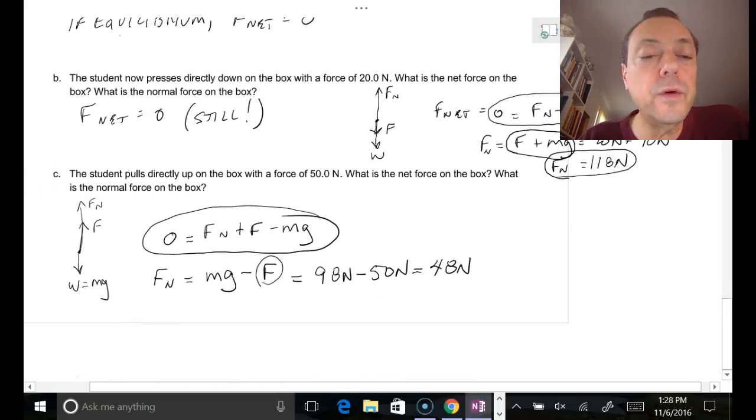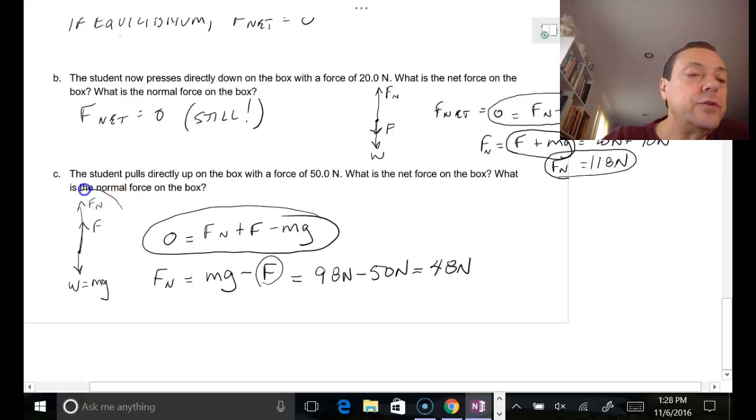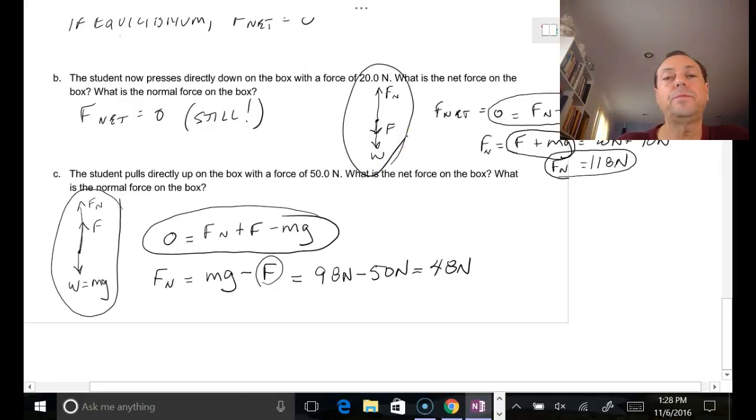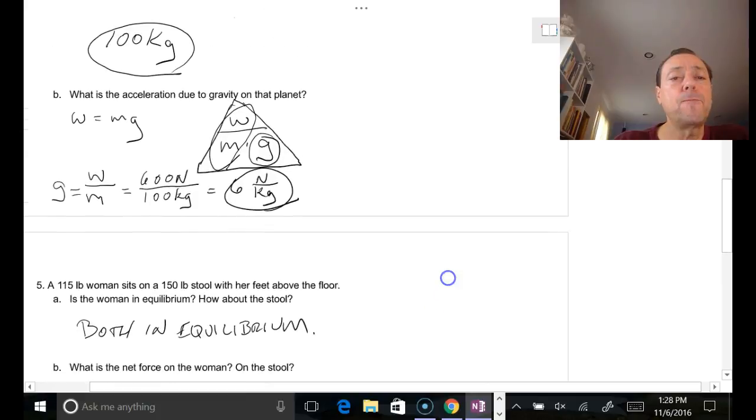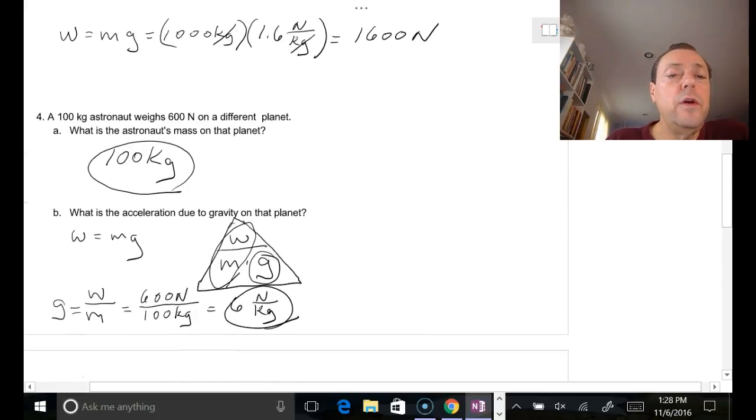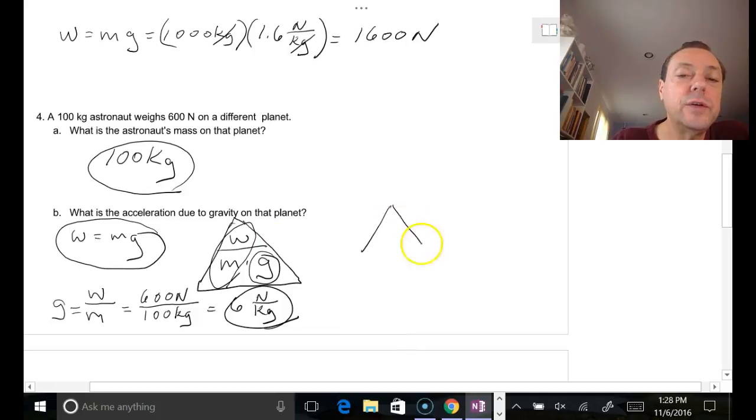So, know what's meant by equilibrium. Know how to draw a simple free body diagram, something like this. Know that weight is mass times gravity. Know how to solve that three ways using the visual calculator.